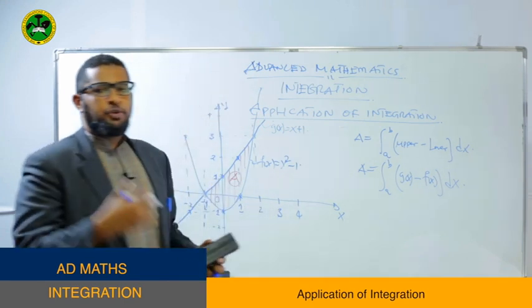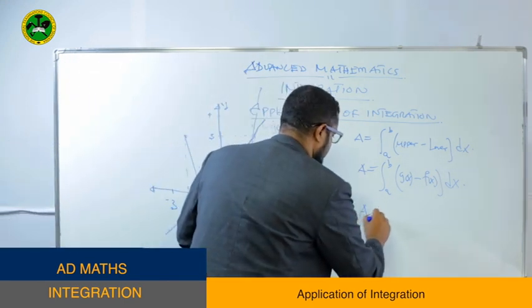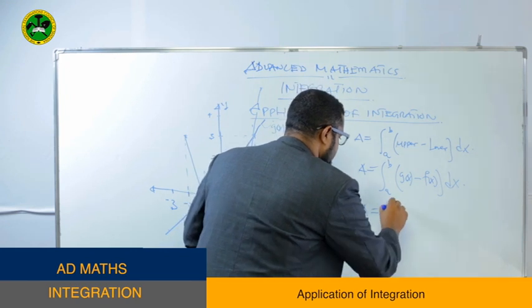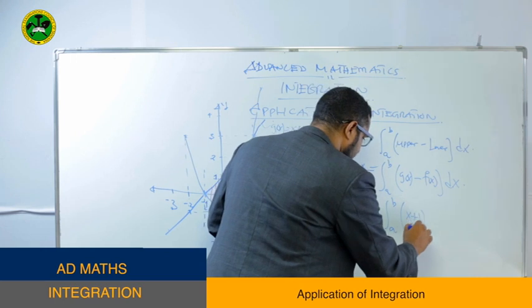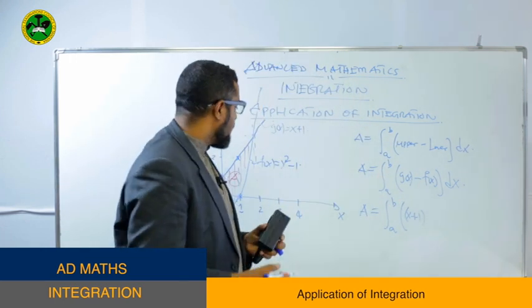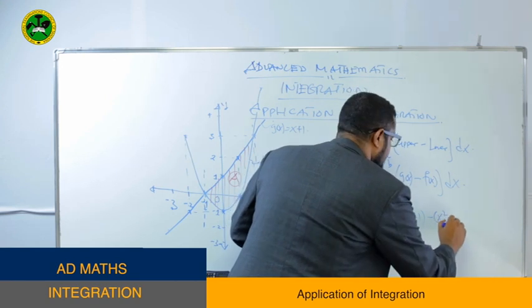Because we know the functions, let's go directly to writing them. It will be from A to B. Our g of x is x plus 1, and that of f of x is x squared minus 1.